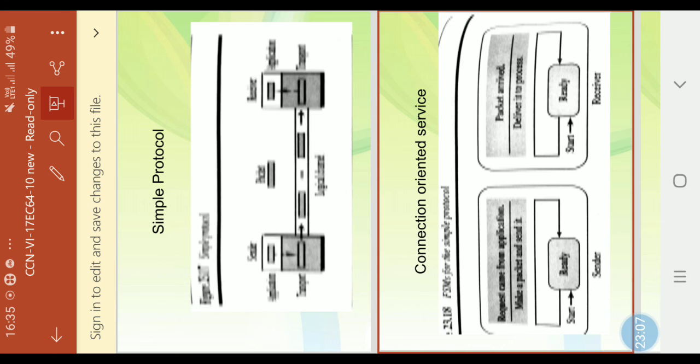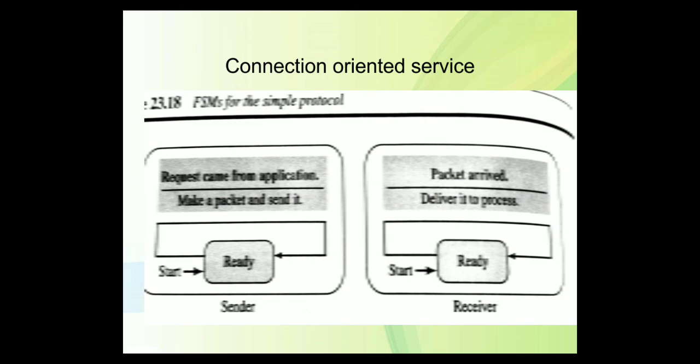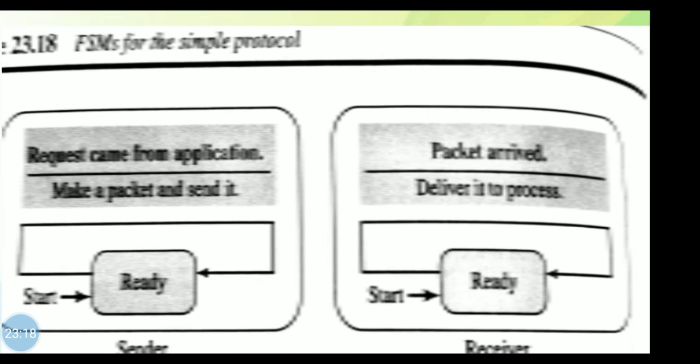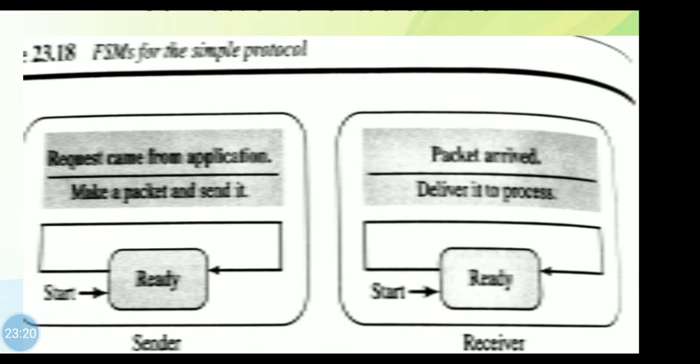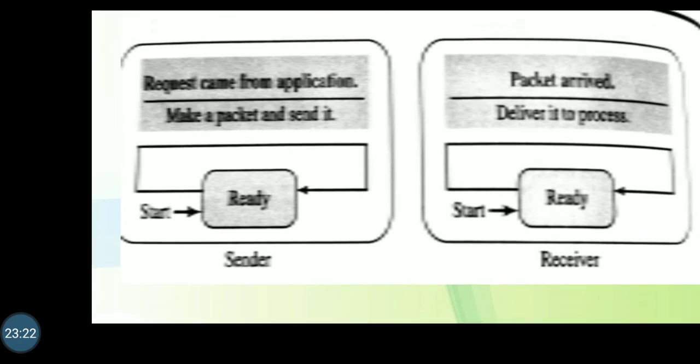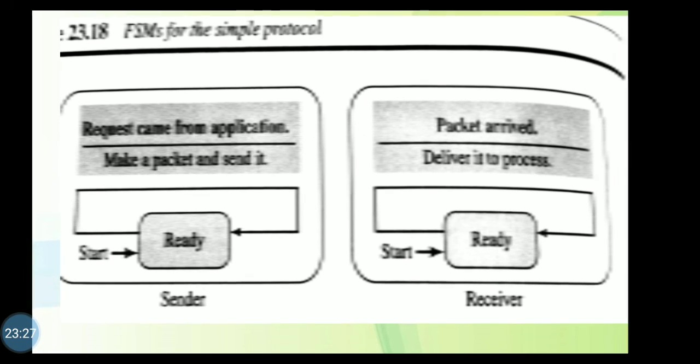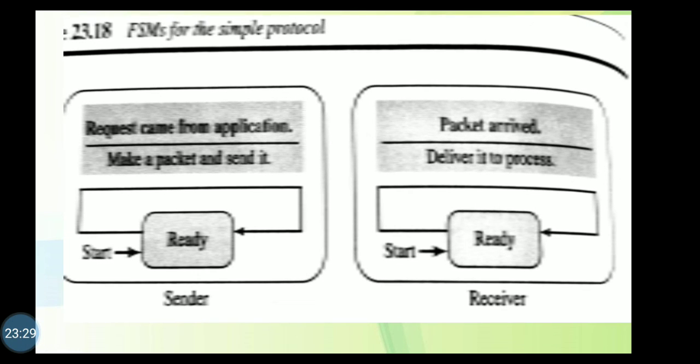So we'll see the finite state machine for this simple protocol. Is it clear? The sender side should not send a packet until its application layer has a message to send. The receiver side cannot deliver a message to its application layer until a packet arrives.